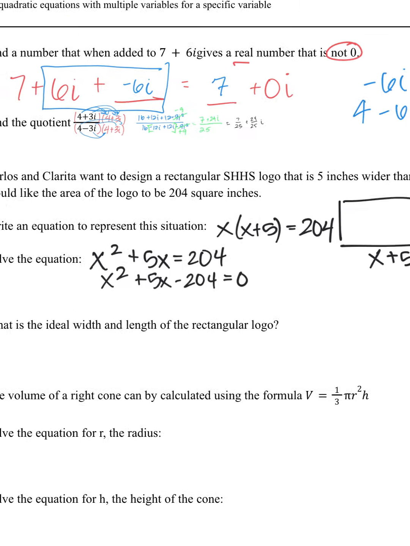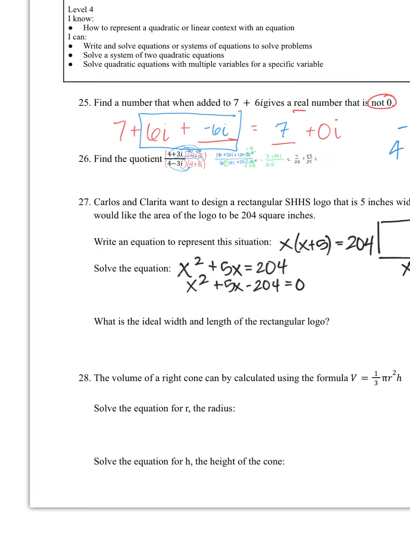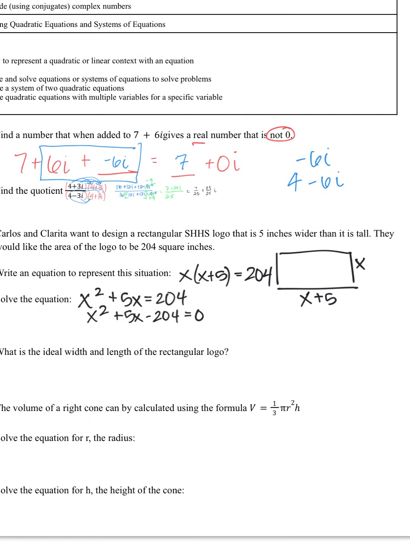So I can complete the square. I can use the quadratic formula. I can do almost anything from this point. And so I would probably use the quadratic formula, and I would go negative 5 plus or minus the square root of 25 minus 4 times 1 times negative 204, all over 2.